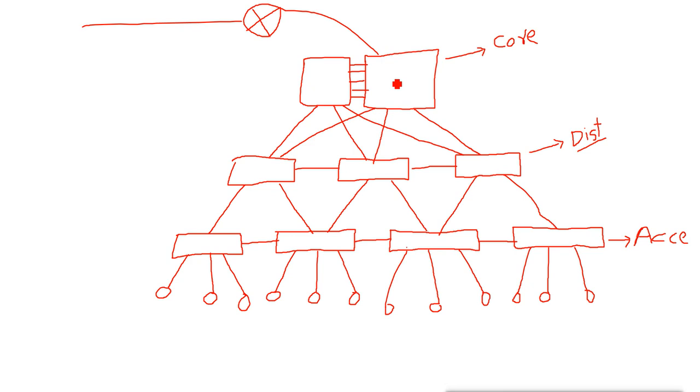Now when you have this kind of network, in these core switches we normally use layer 3 switches. Why do we use layer 3 switches here? Because of VLAN routing. If we have a big network, then we can have multiple VLANs, and in those VLANs we have multiple machines connected that want to communicate with each other.